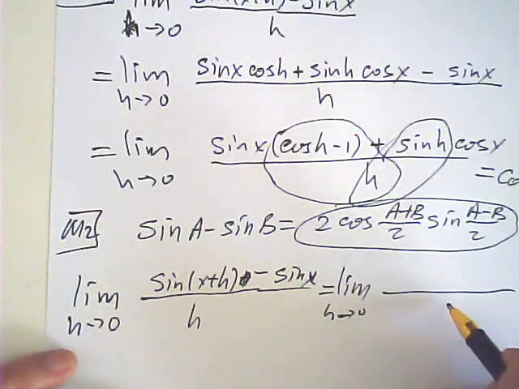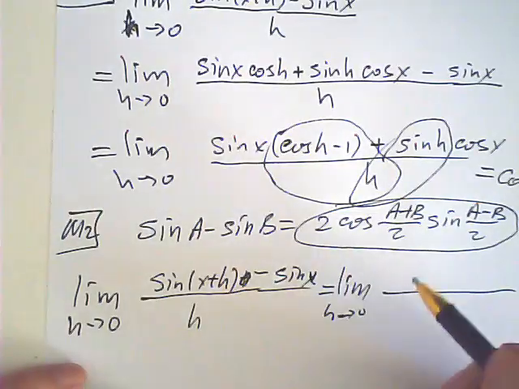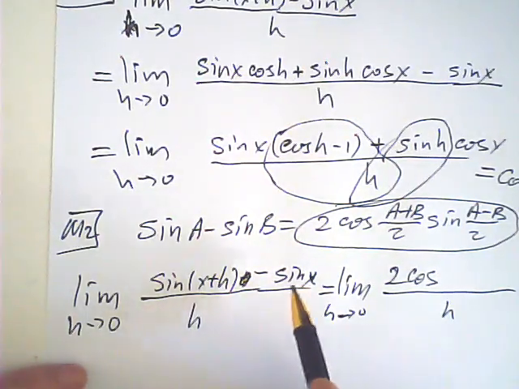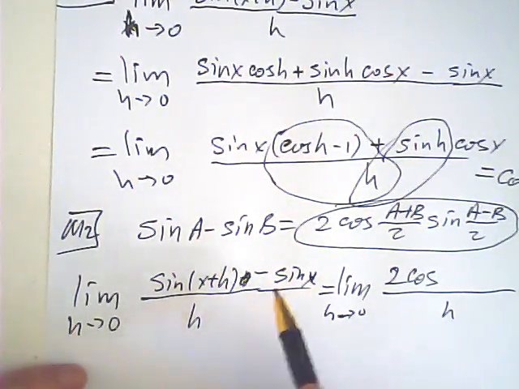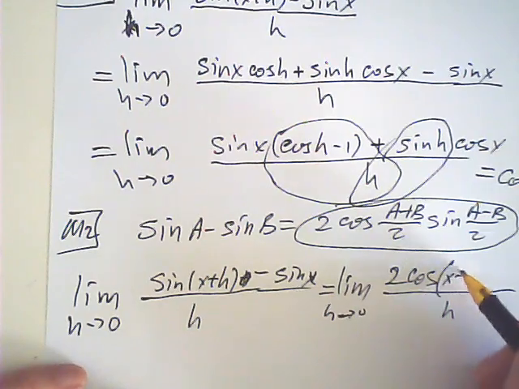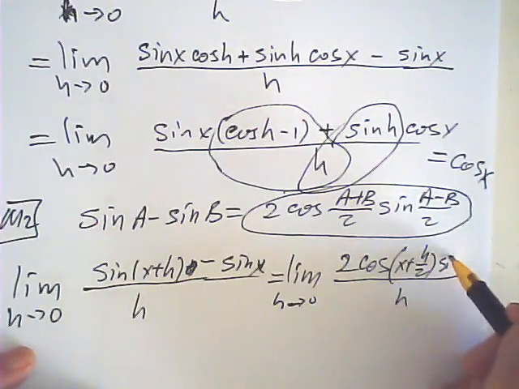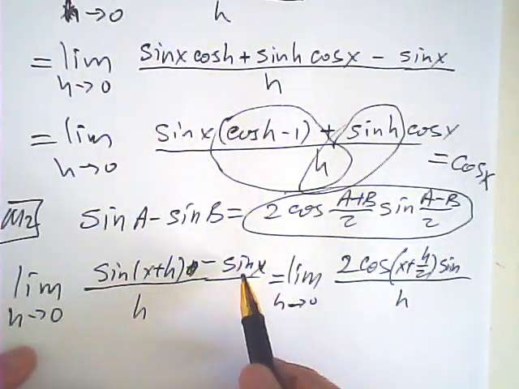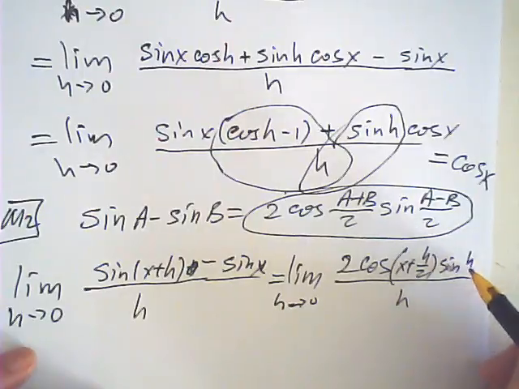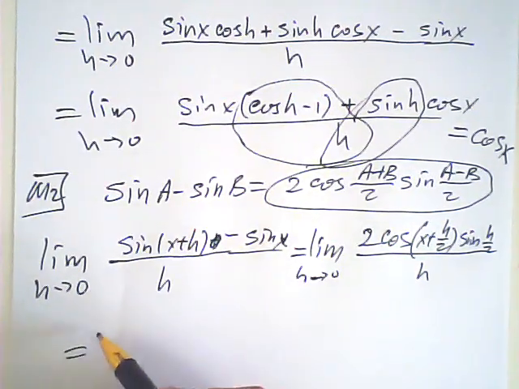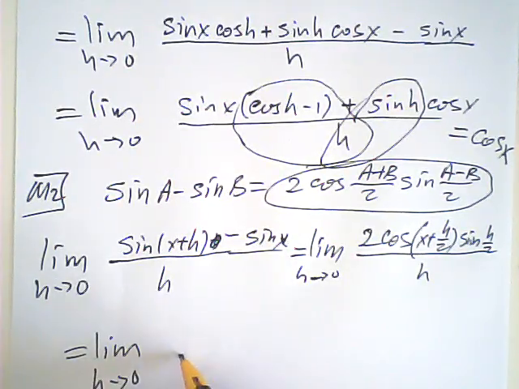This becomes 2 cosine of this angle plus this angle divided by 2, which is x plus half h. And this angle minus this angle divided by 2 is half h. Right? So this equals the limit as h goes to 0.